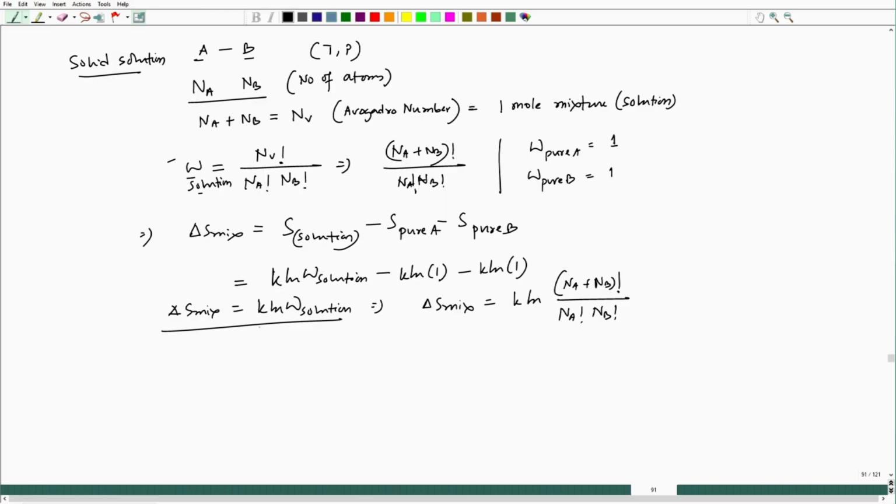Now, from here I will use the Stirling approximation, which says ln factorial of any quantity, let us say ln of (N_A plus N_B) factorial, becomes (N_A plus N_B) ln (N_A plus N_B) minus (N_A plus N_B).